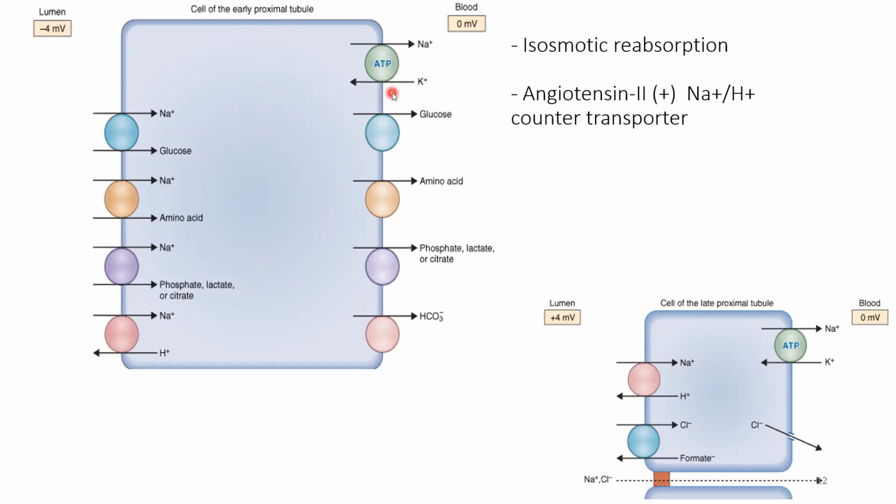Now remember one trick here. Always remember that sodium potassium ATPase at the basolateral border is abundantly found along all the length of the tubule, whether it's PCT or elsewhere. This ATPase is there just about everywhere. Okay, and you know what this ATPase does.